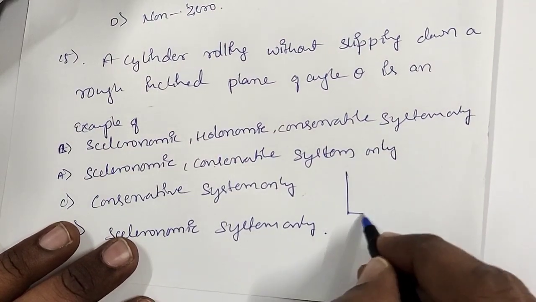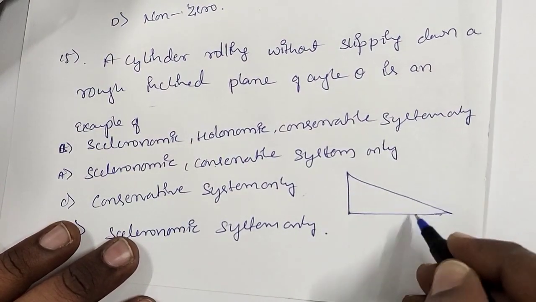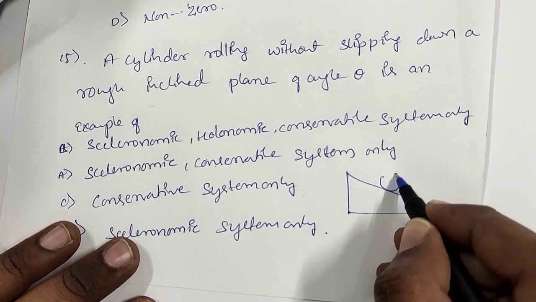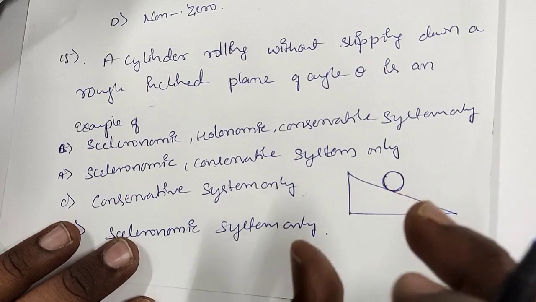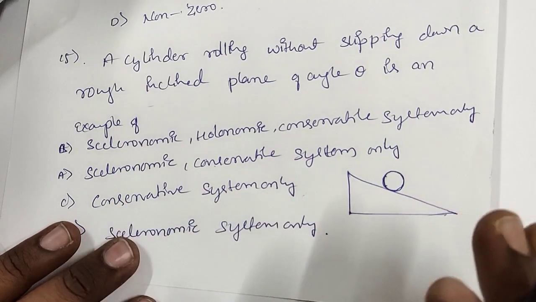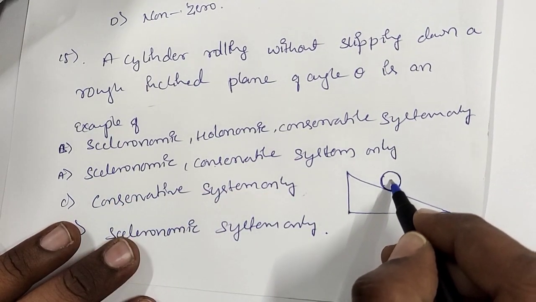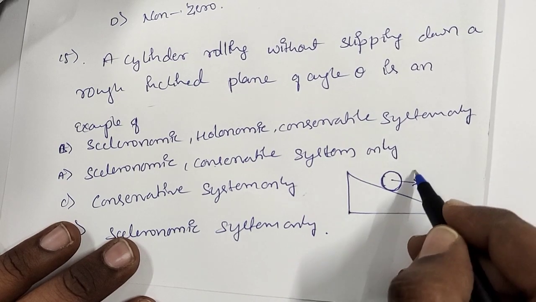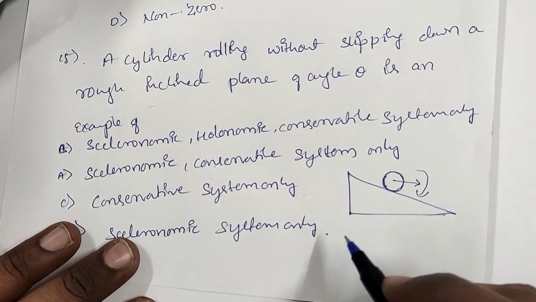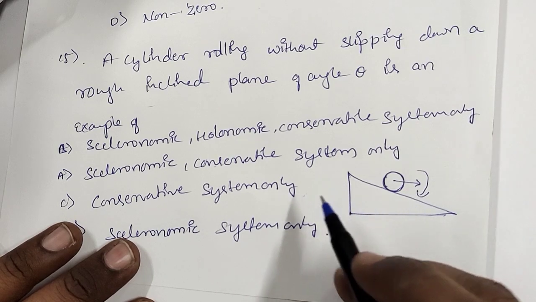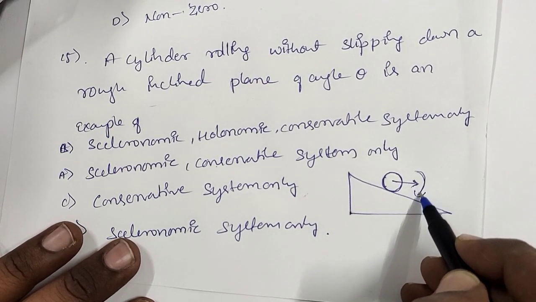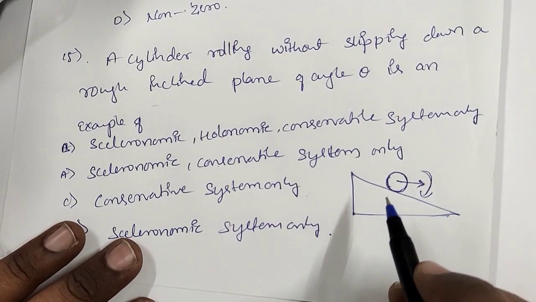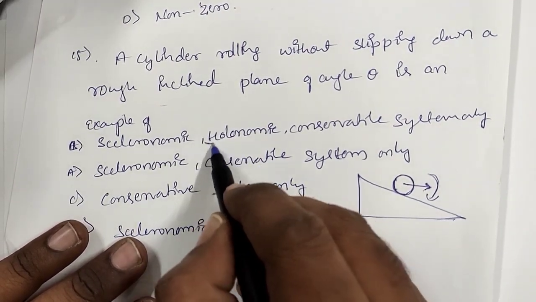Let us consider an inclined plane, and a cylindrical body rolling but not slipping. It has linear motion as well as angular motion, so it is possible to write the constraint in terms of an equation. If it is possible to write it in terms of an equation, then it is holonomic.